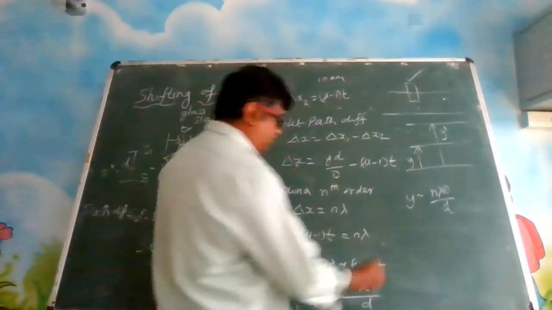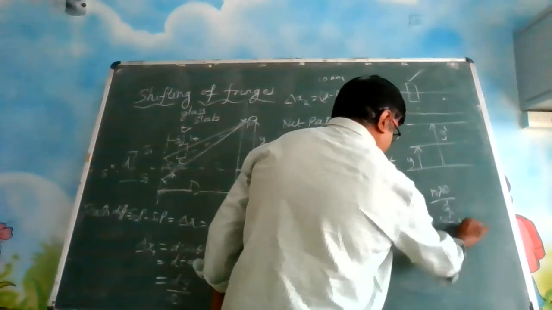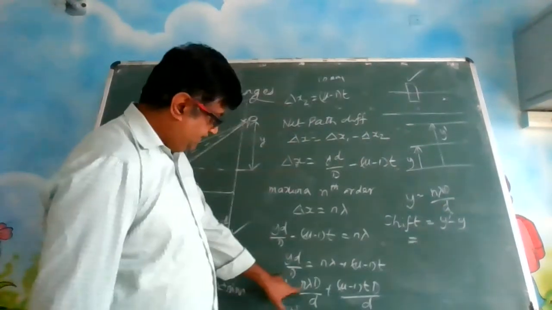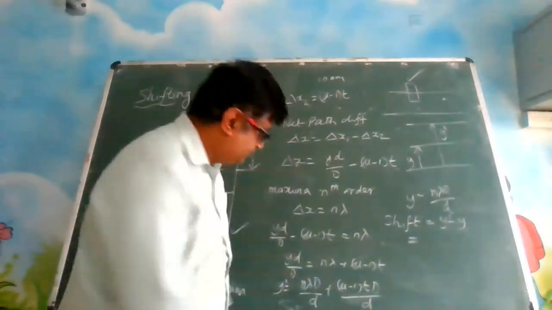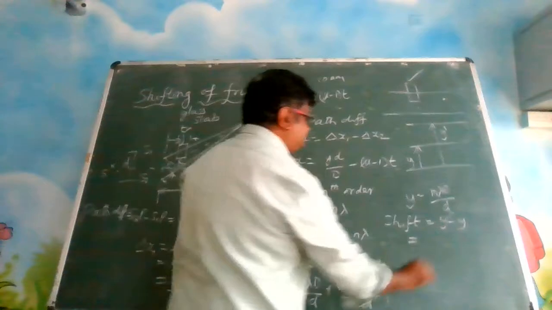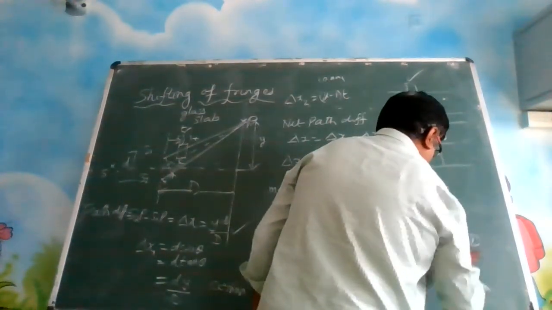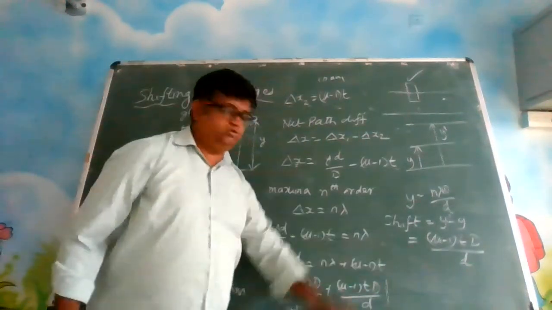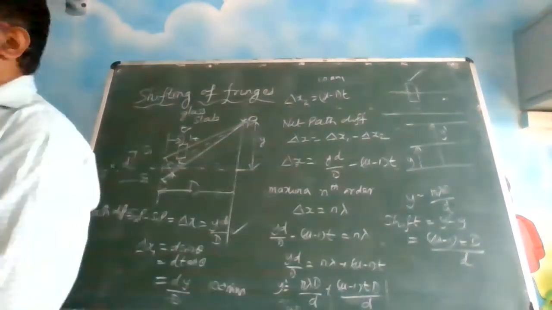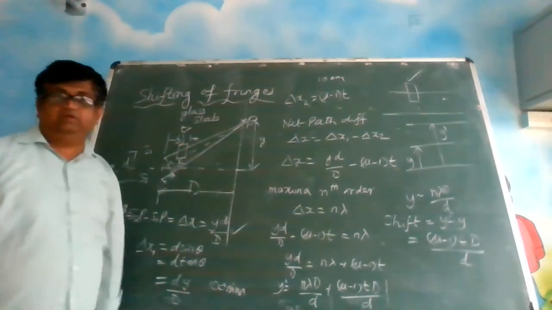So what is the shift now? Shift is equal to y dash minus y. Here you see, n lambda D by d is common. So what is the shift? This portion is the shift: (mu minus 1) into t into capital D by small d. So this is the expression you should remember to calculate the shift of fringes if you put a glass slab in between.